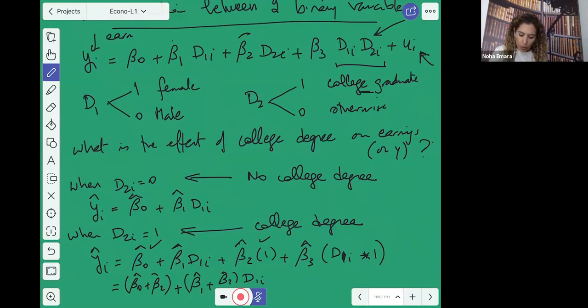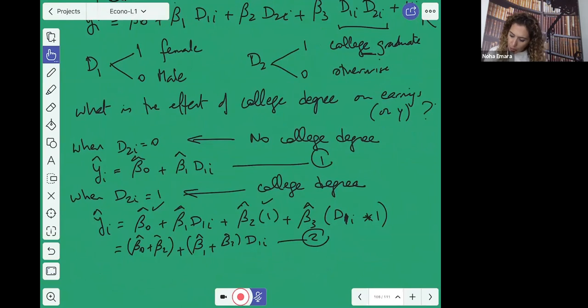Now, if I want to ask what is the effect of a college degree, this is equation number 1, this is equation number 2. So the effect of college degree would be 2 minus 1.